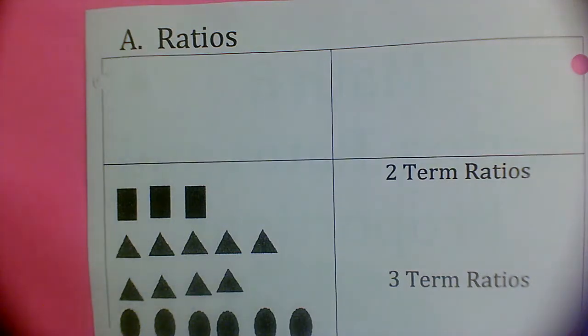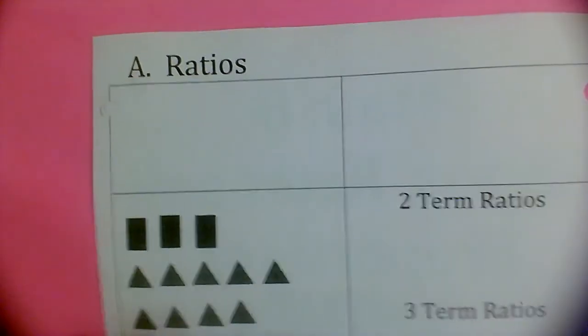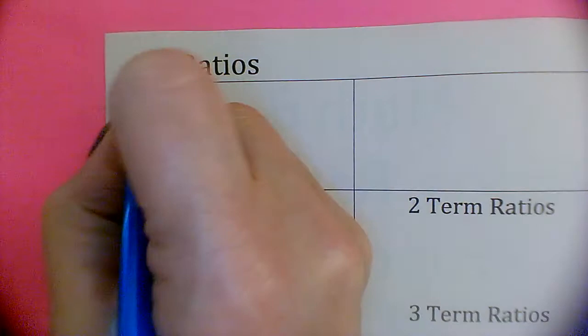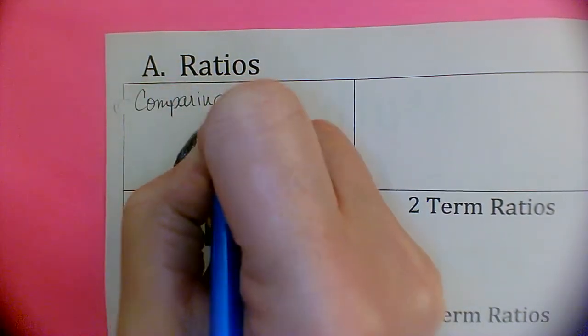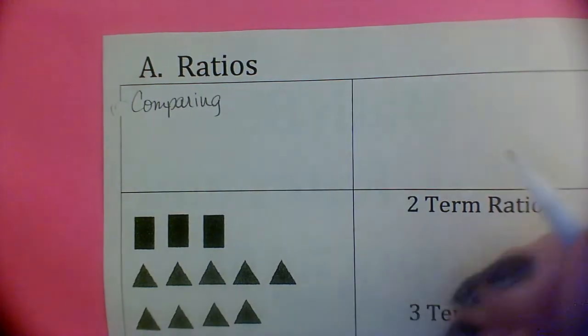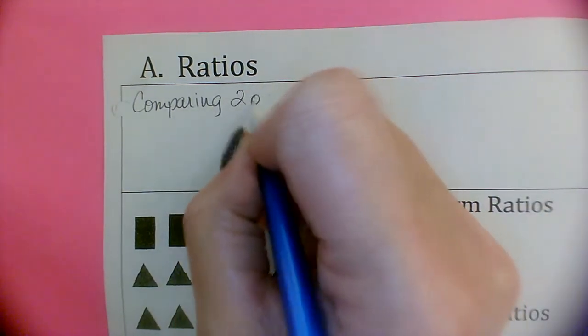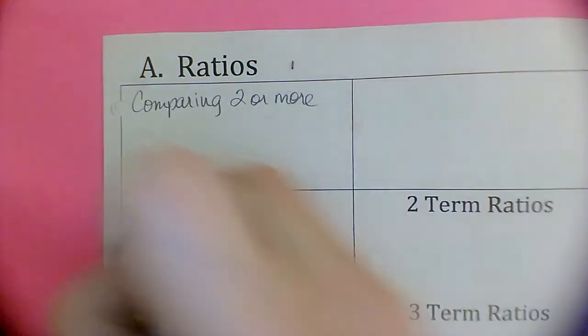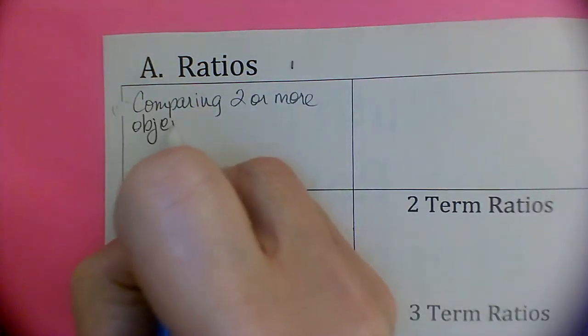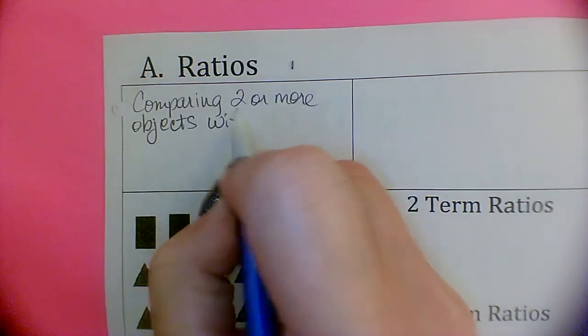All right, ratios, new chapter: ratios, rates, and proportions. So ratios are comparing. We're going to do a bunch of comparing in this chapter. Ratios compare two or more objects with the same units.